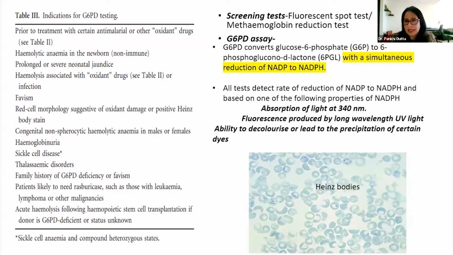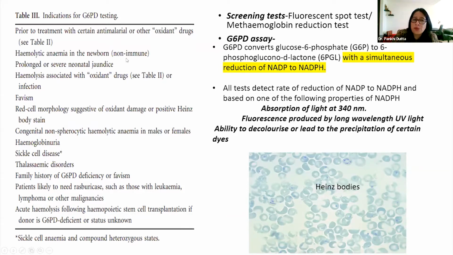We don't need anything else to tell us that it is a G6PD deficiency. And sometimes when you are going to use some oxidant drugs, it would be prudent to test for G6PD.